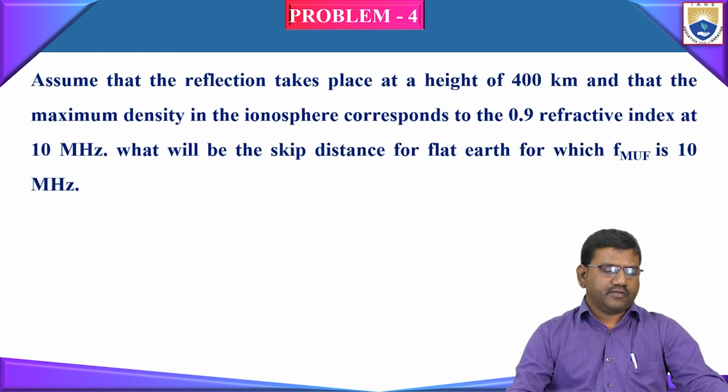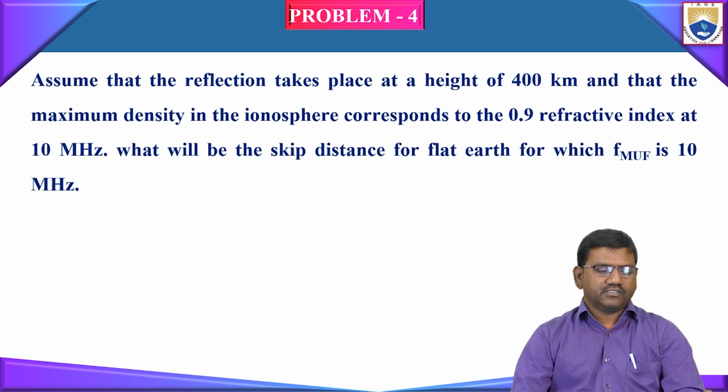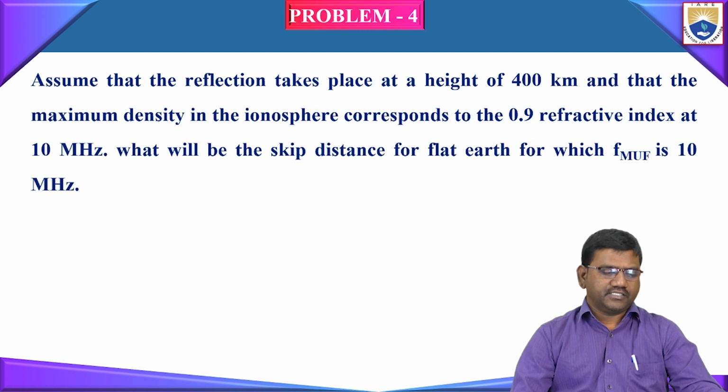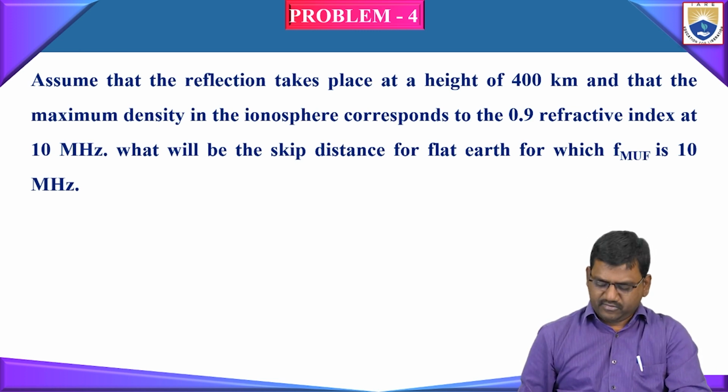So here there is another problem. Assume that the reflection takes place at a height of 400 kilometers and that the maximum density in the ionosphere corresponds to 0.9 refractive index at 10 megahertz. What will be the skip distance for flat earth for which MUF is 10 megahertz? So we need to find the value of skip distance. We need to apply some formula here. What is the given data?